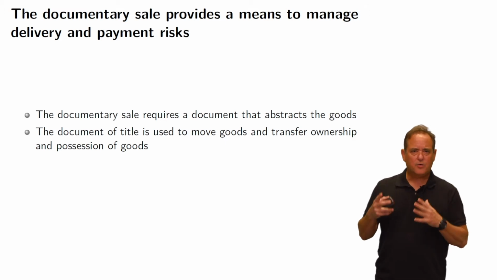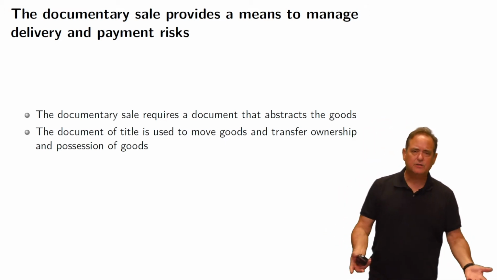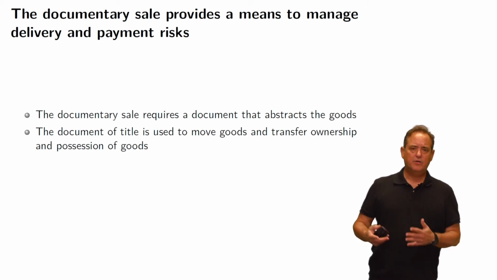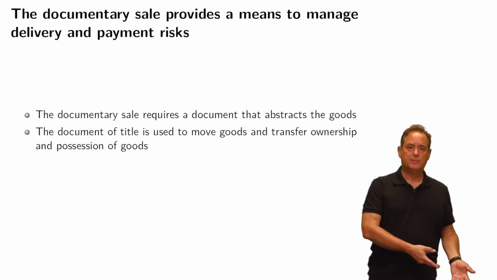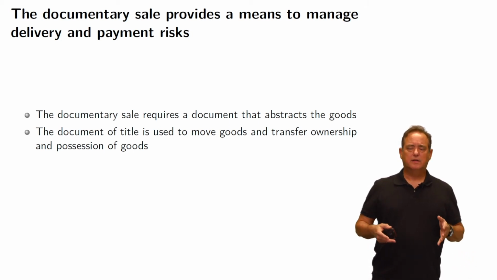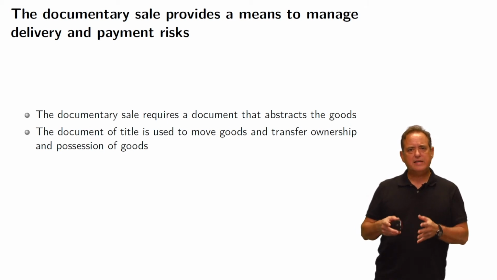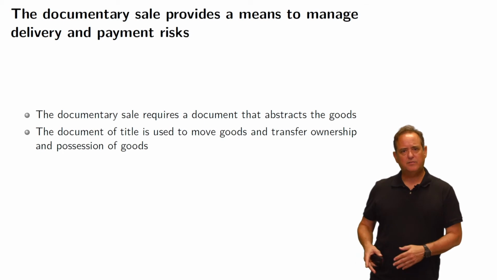You probably already have an idea of what a title is and how it works. We have titles to our vehicles. And we know that when we sell a vehicle, we must not only transfer possession, but we must transfer the title. The reason why is that the title is the formal evidence of ownership of the goods.